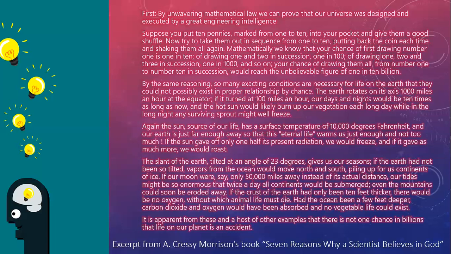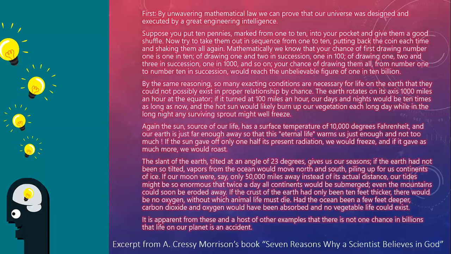Again, the source of our life has a surface temperature of 10,000 degrees Fahrenheit. He says you could check also if this data is still the most updated surface temperature of the sun, okay? Because this article was written in 1948.